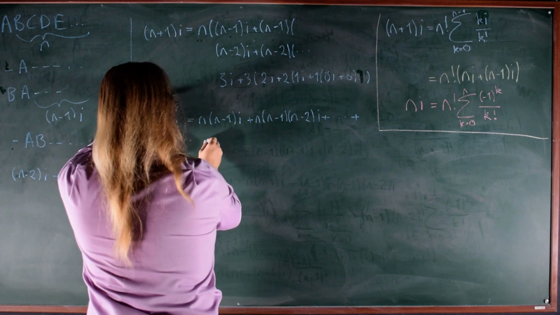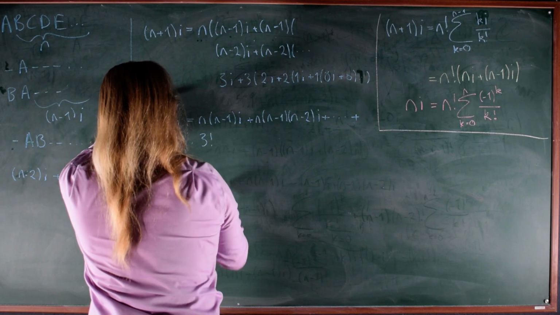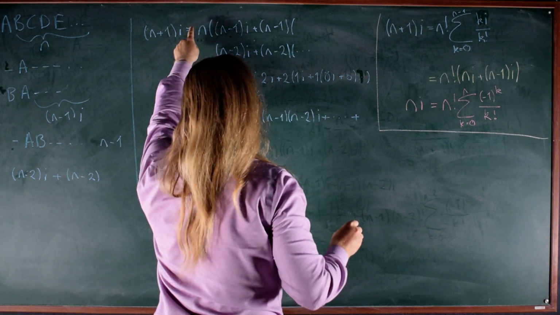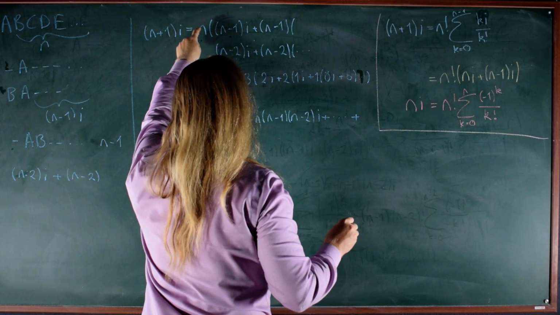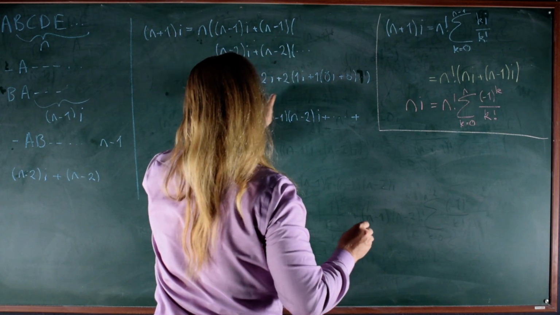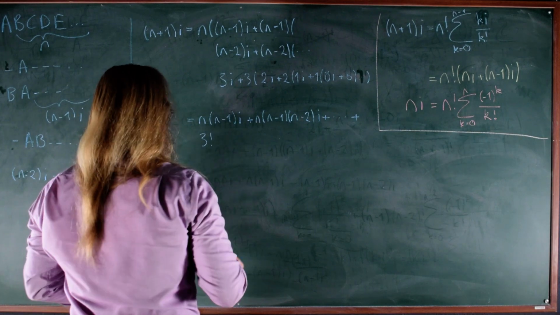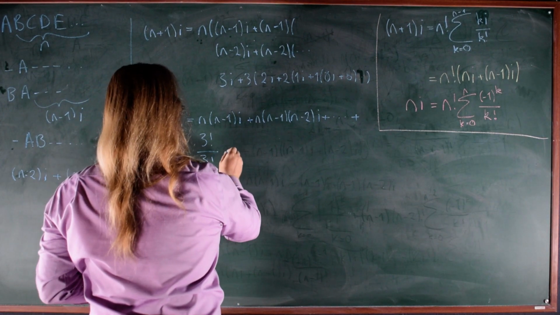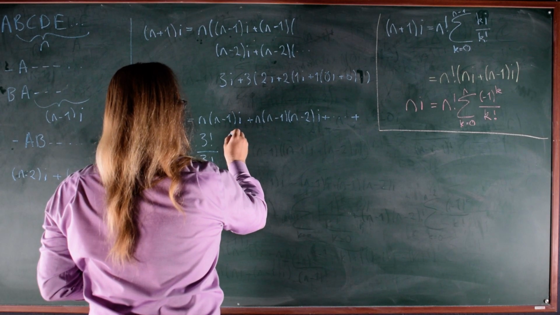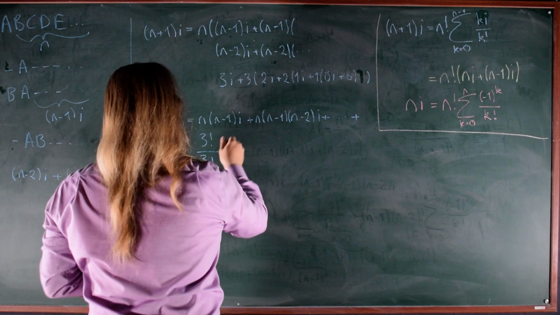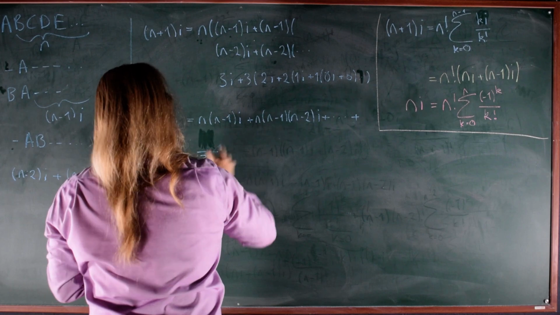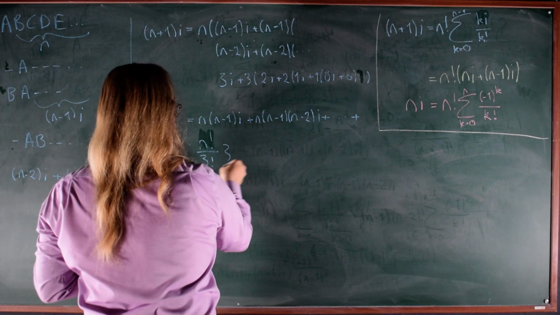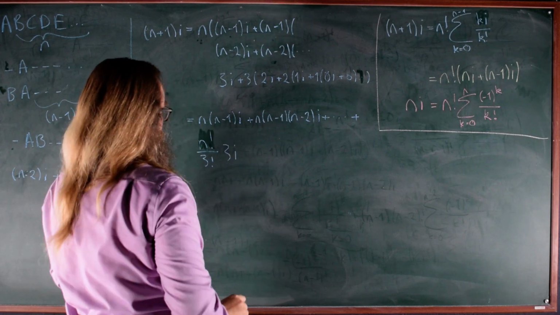And at the very end, I have 3 subfactorial multiplied by this times this times this times everything. And what I end up with is divided by 3 factorial. Oh shoot, my bad. What I meant was n factorial divided by 3 factorial, 3 subfactorial.